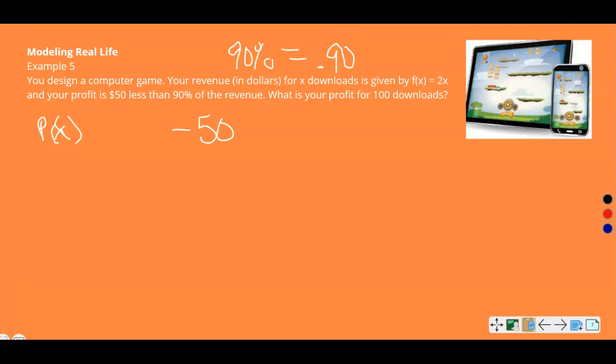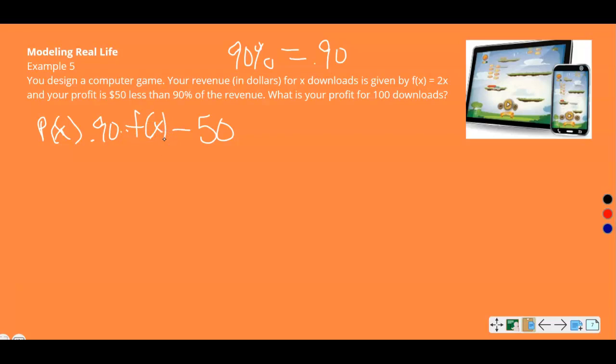Sorry, my handwriting is terrible. Still trying to get used to writing on my computer. All right, so 0.90, that's a little better. So it's going to be 90% of f of x, 90% times f of x.